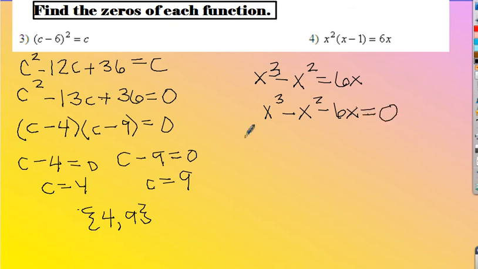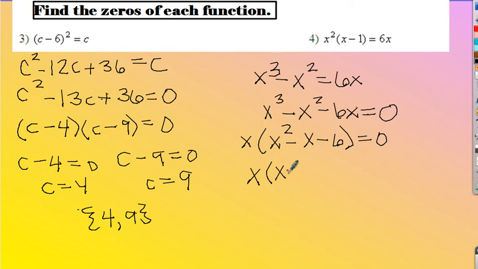Now there is a GCF here, so that should be taken out front. Each of these terms share a factor of x, so bring that out front. We're then going to factor, so in this case x minus 3 and then x plus 2. Now keep in mind, any factor could be equal to 0.